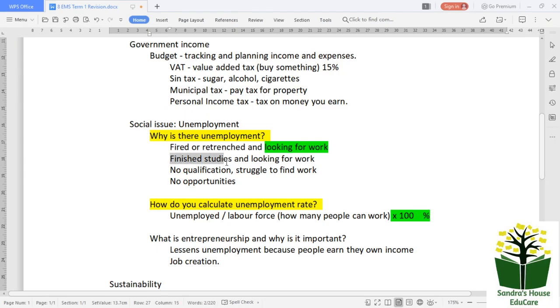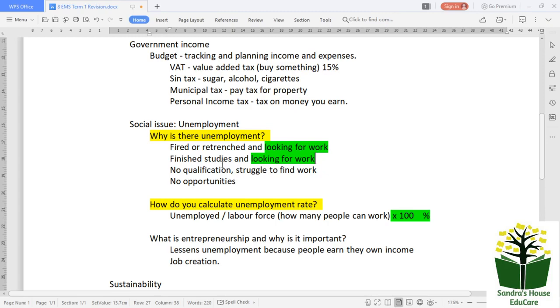We also have people who finished studying and they're still looking for work. So they have the opportunity to get a job, but they're still busy looking for work. Then we have people who don't have a qualification, people who might be illiterate, and they struggle to get work because they don't have any skills or any qualifications that they can find work with.